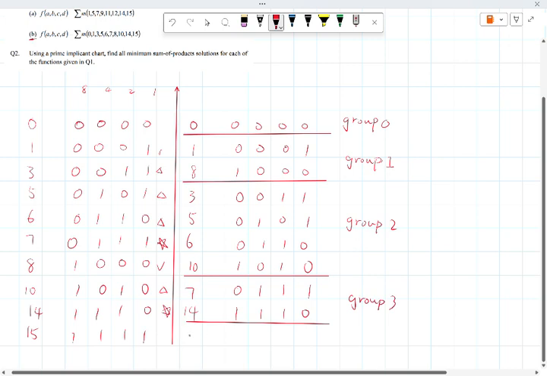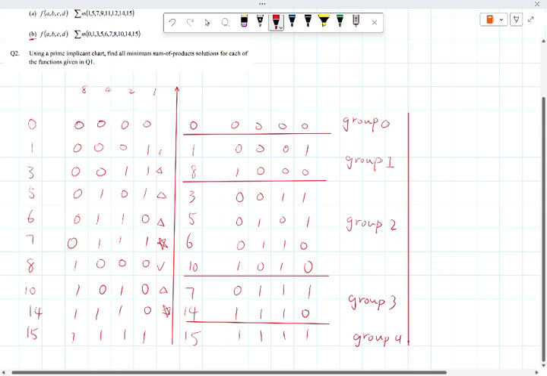The last group is 15, 1, 1, 1, 1. Call it group number 4. Okay, so we're going to separate this one.